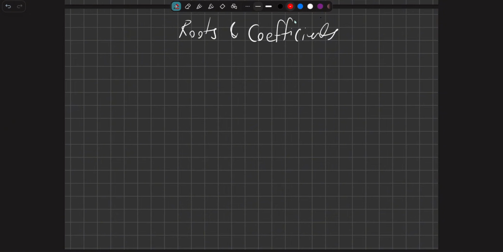Now let's get started. The discriminant tells us that for a quadratic, there can be 0, 1, or 2 real roots. But if we consider complex numbers, which we will learn about later, and equal roots, a quadratic always has 2 roots. We can call them alpha and beta.